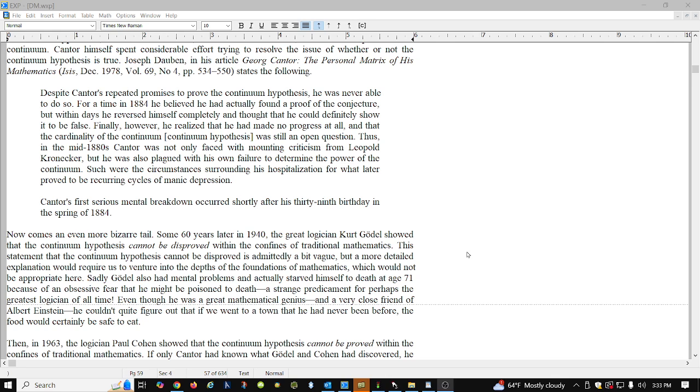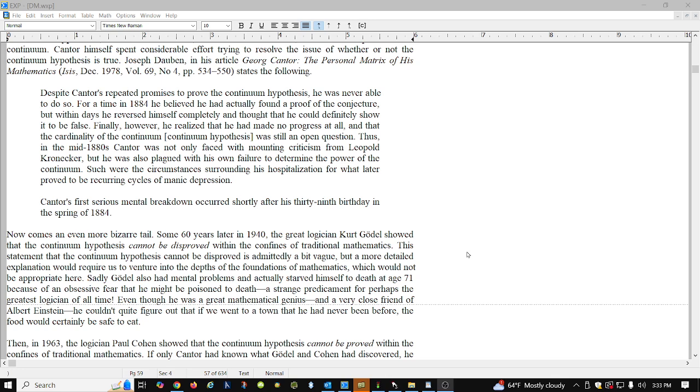But the tale gets even more bizarre. Roughly 60 years later, in 1940, the great logician Kurt Gödel showed that the continuum hypothesis cannot be disproved within the confines of traditional mathematics. In other words, the confines of the Zermelo-Fraenkel axioms, possibly tweaked a little bit, which I didn't discuss earlier.